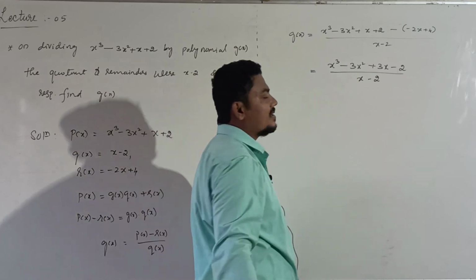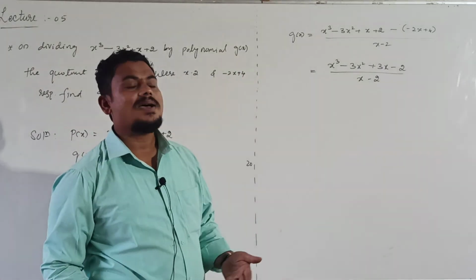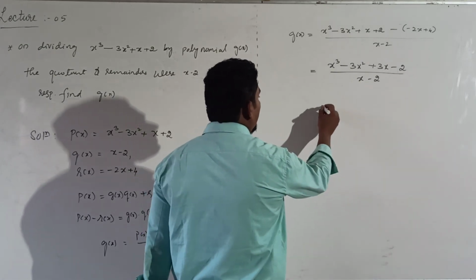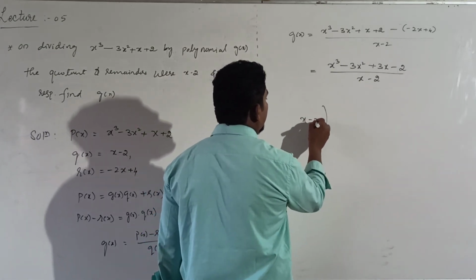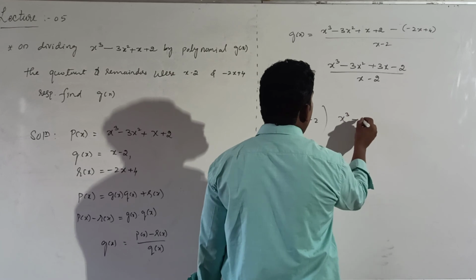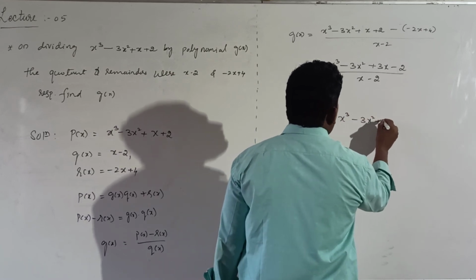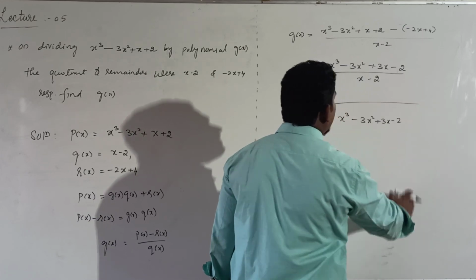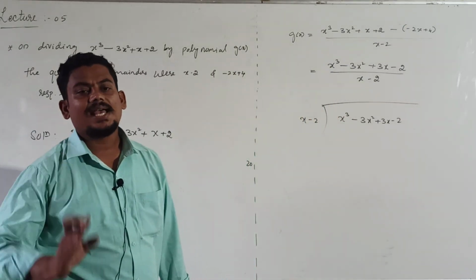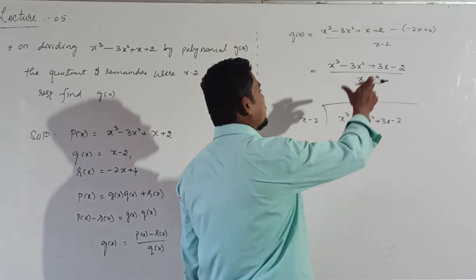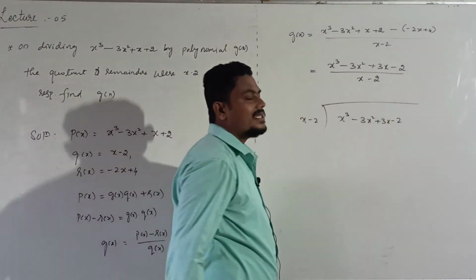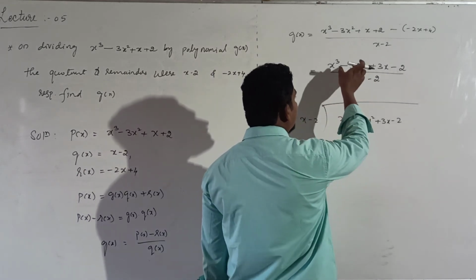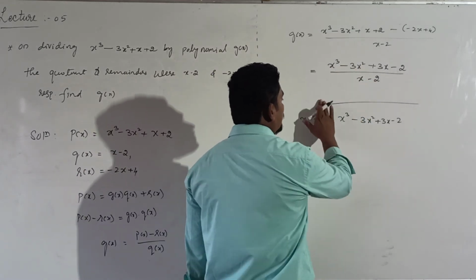It is our g of x, but g of x should be a polynomial, not a fraction or a quotient of two polynomials. So just divide this polynomial, x cube minus 3x square plus 3x minus 2, by x minus 2.